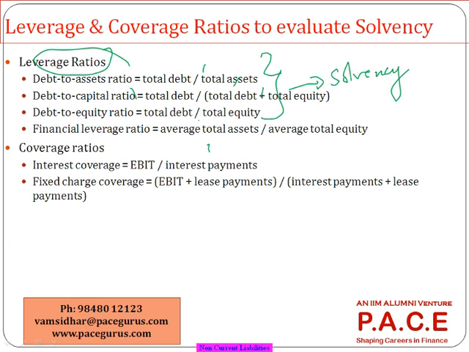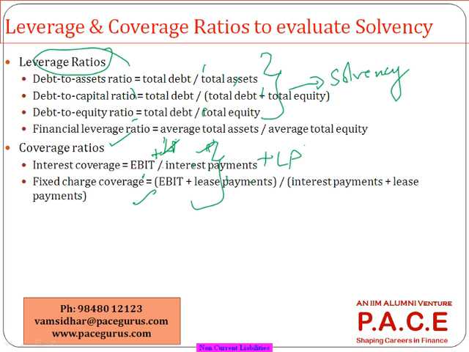And similarly, there are some coverage ratios which are purely coming from the balance sheet as well as the P&L statement. Coverage ratios are primarily from the P&L statement relating to the long-term liabilities, interest, EBIT by interest, which is the interest coverage ratio, which we have seen as the solvency ratio earlier. Similarly, if there are leases, then probably to the numerator and the denominator, I'll add up the lease payments, which is called fixed charges, because lease payments are also like interest payments.